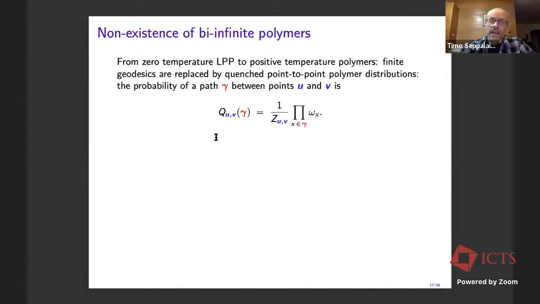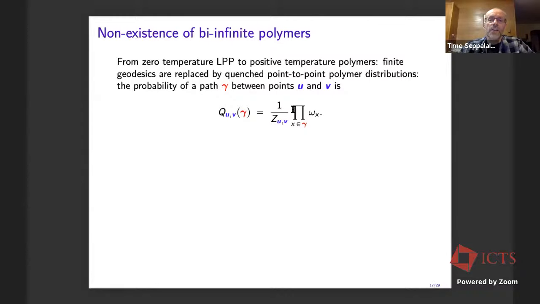So now I'm on the lattice. I'm thinking of a directed polymer on the lattice. When you go from zero temperature last passage percolation to positive temperature polymer on the lattice, you don't choose a unique geodesic. Instead, you have a random geodesic, so to speak.